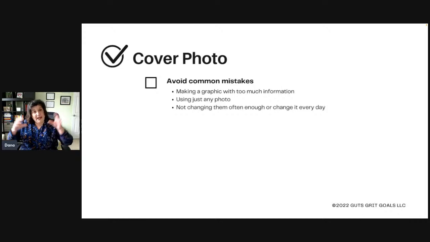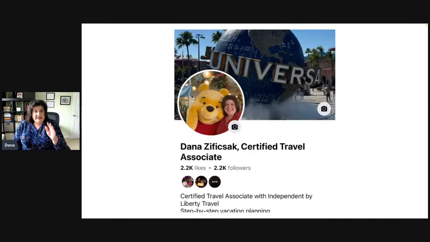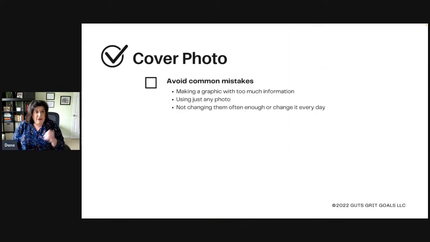If you're making something up in Canva, and you're throwing all this information on, it's hard for people to process, because when they look at your profile, they see your picture, they see your business name, and then they're trying to read what's in that box. So if you do something on Canva, make it stand out and be bold, but not have so much lettering, because that will distract people.